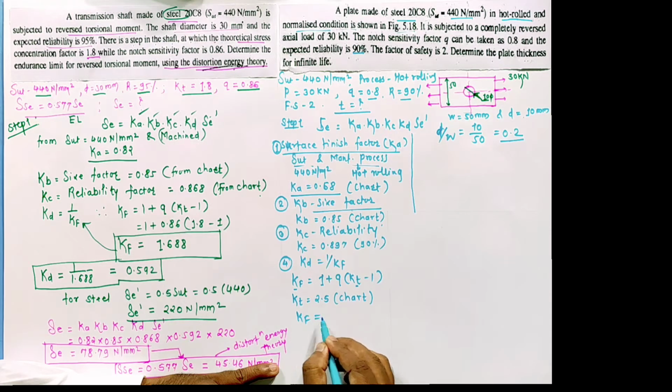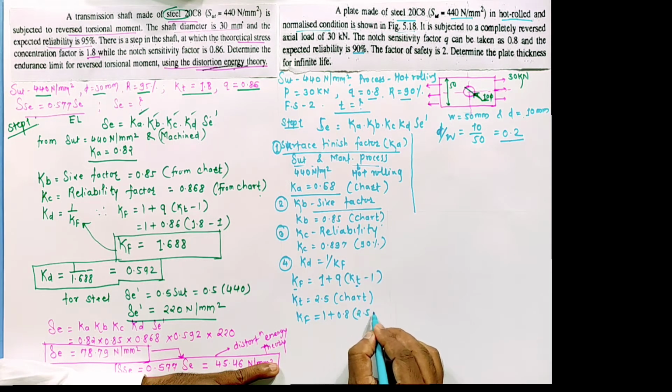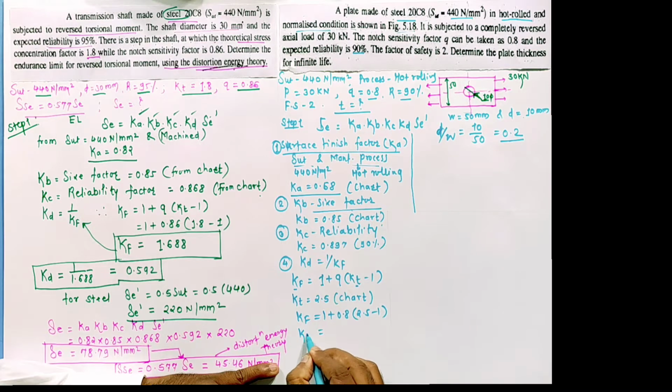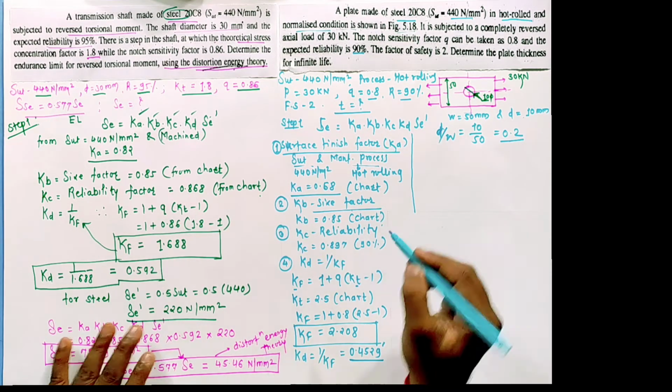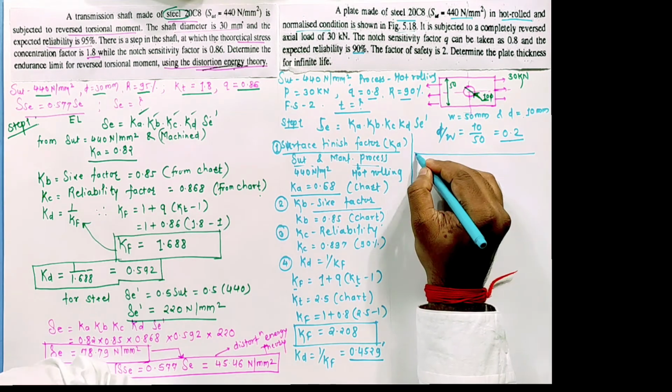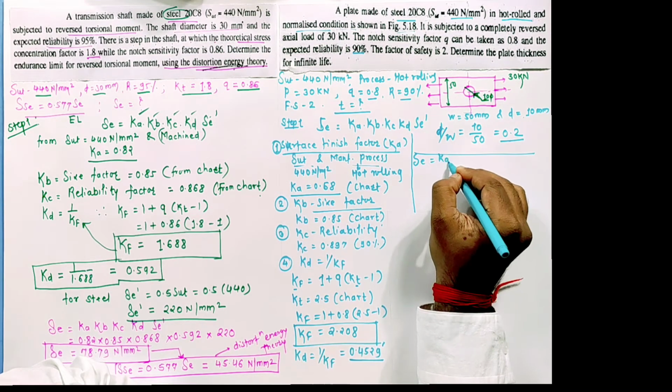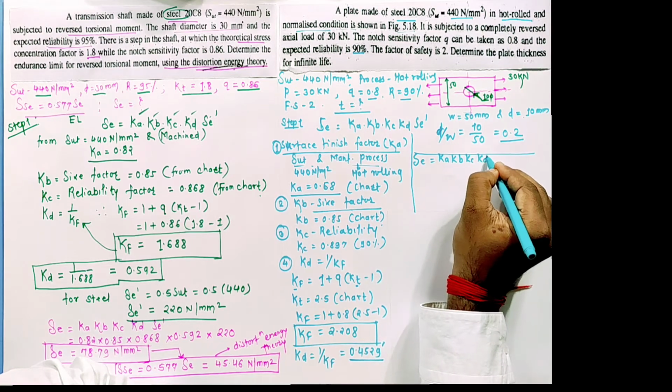Therefore Kf is equal to 1 plus q 0.8 into Kt 2.5 minus 1. Making the calculation, Kf is 2.208. Therefore Kd is equal to 1 by Kf, and you will get Kd 0.4529. So all these values we have got, and finally we can use Se is equal to Ka, Kb, Kc, Kd, Se dash.